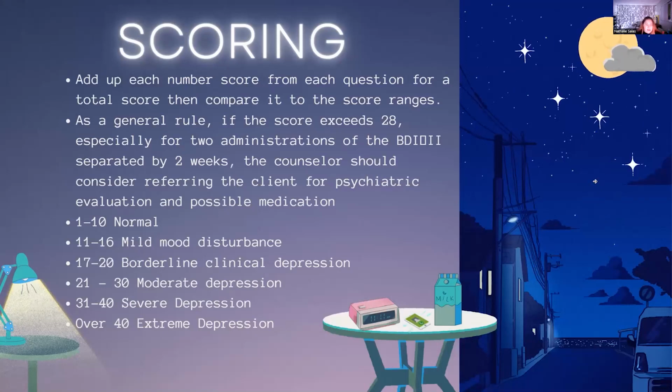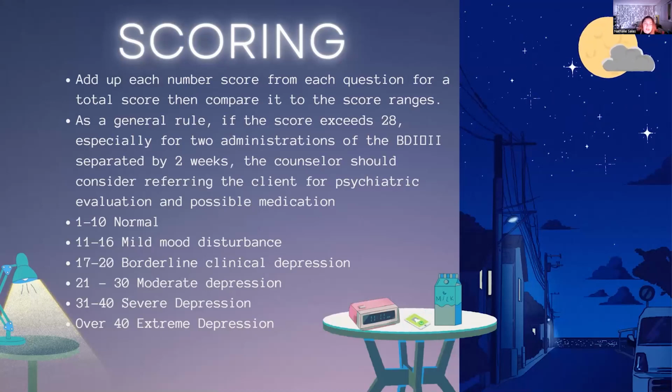And then after scoring all those, you compare it to the range. The range is 1 to 10 is normal, 11 to 16 is mild mood disturbance, 17 to 20 is borderline clinical depression, 21 to 30 is moderate depression, 31 to 40 is severe depression, over 40 is extreme depression.